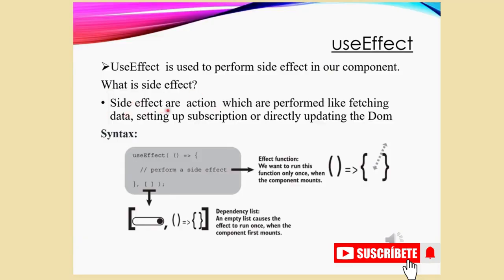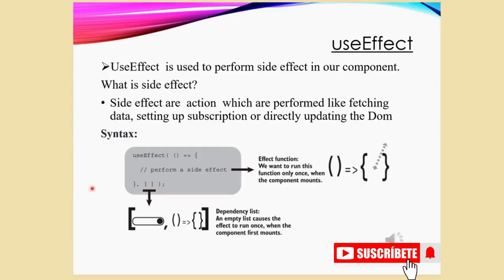Side effects are actions that are performed, like fetching data, setting up subscriptions, or directly updating the DOM. It means, for example, fetching data from an API is a call. Subscription means time-to-time updates, and also directly updating the DOM.